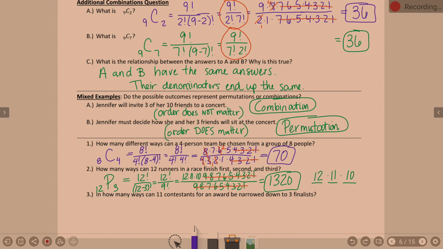You just want to be in that group of 3 finalists, don't you? If you just want to be one of the group, it's a combination. Okay? So this indeed is a combination of 11 contestants picked for 3 spots.